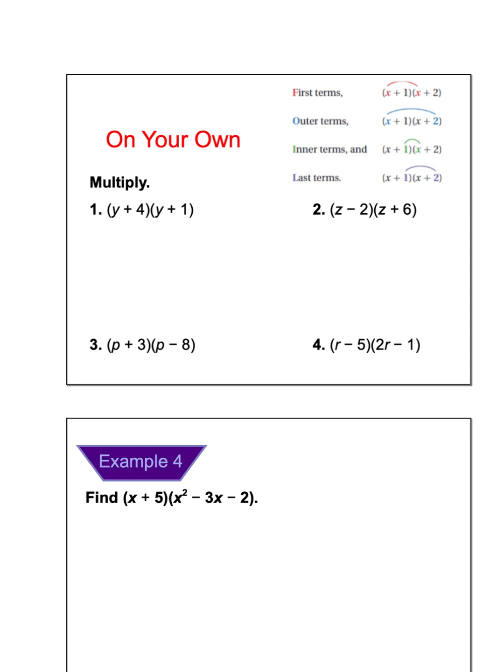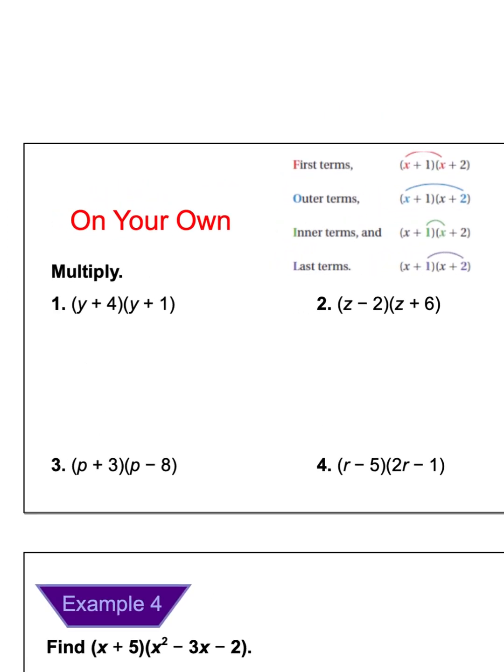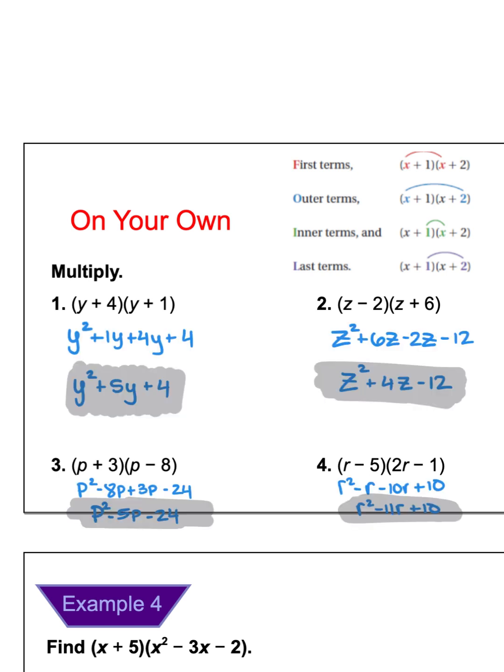Okay, go ahead. I want you to pause the video and try these 4 on your own. Number 1, 2, 3, and 4, please. Alrighty, here are your answers. Number 1, we get y squared plus 5y plus 4.